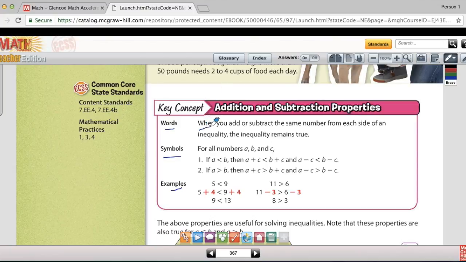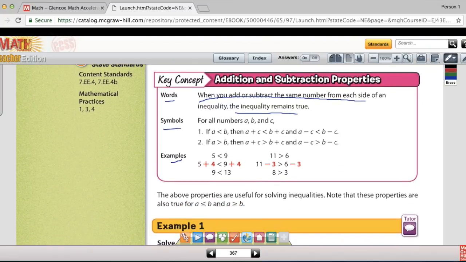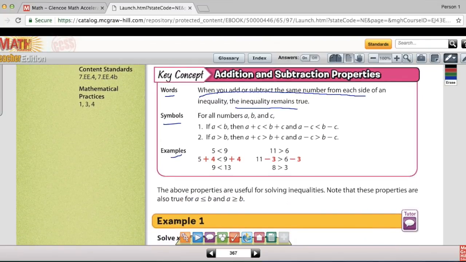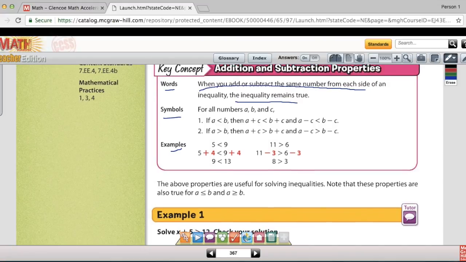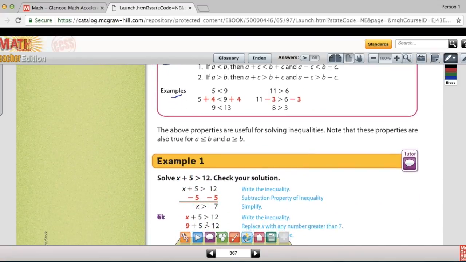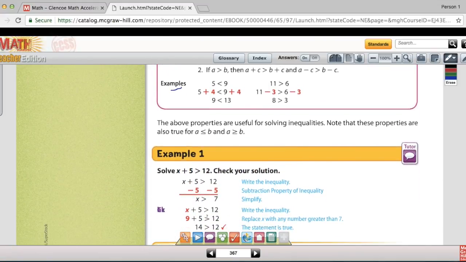When you add or subtract the same number from each side, the inequality remains true. So many ways in math that applies. Do the same thing to both sides or both components. As long as you're treating everyone fairly, everything is going to be just fine.